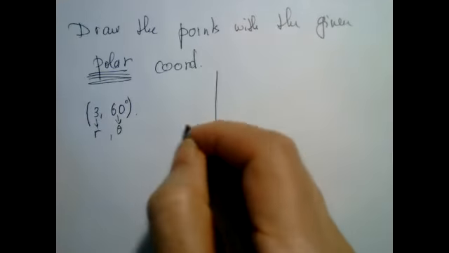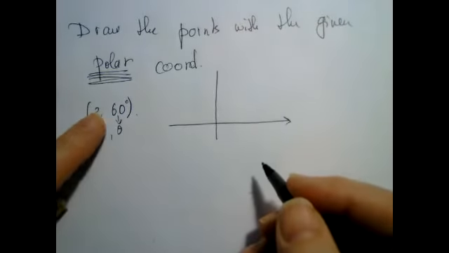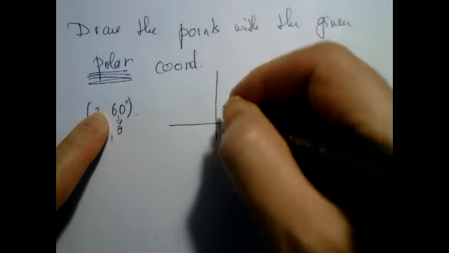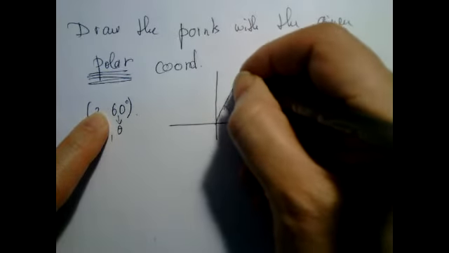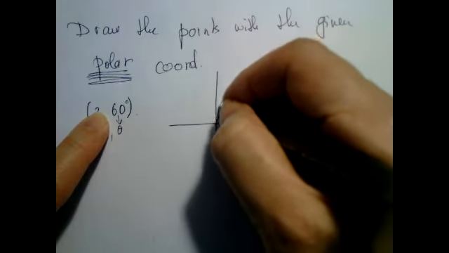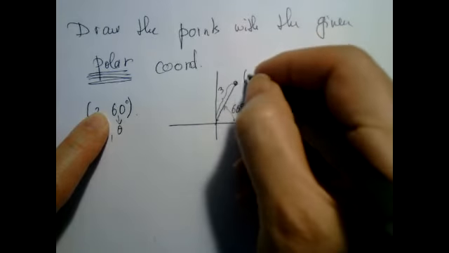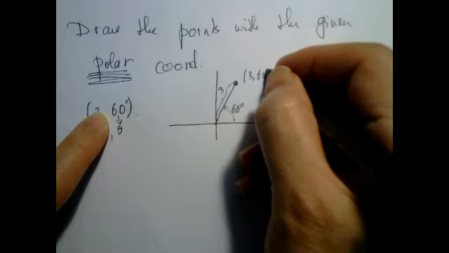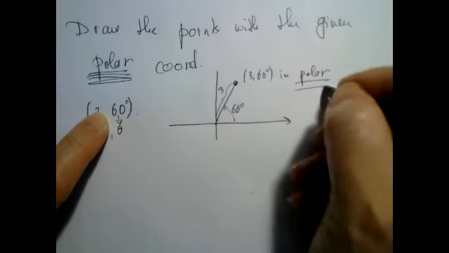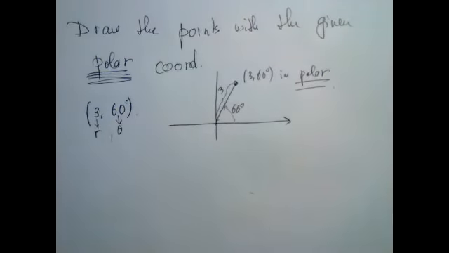So the picture is here. It means the point formed an angle of 60, so we go 60 degrees, and it's 3 units away. And so this is my 60, and from here to here, that's 3 units. So that's (3, 60°), and I'm going to put "polar" to tell you that that's the coordinate that we are working with.